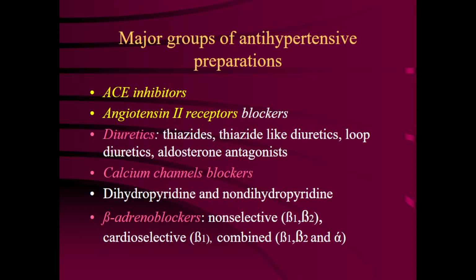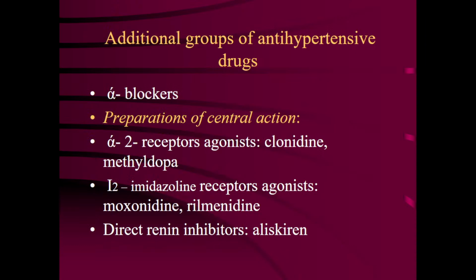Angiotensin II receptors blockers, diuretics, such as thiazides, thiazide-like diuretics, indapamide, loop diuretics, aldosterone antagonists, calcium channels blockers, dihydropyridine or non-dihydropyridine preparations, beta-adrenal blockers, non-selective, beta-1, beta-2, cardioselective ones, beta-1 adrenal blockers, combined beta-1, beta-2, and alpha adrenal blockers.